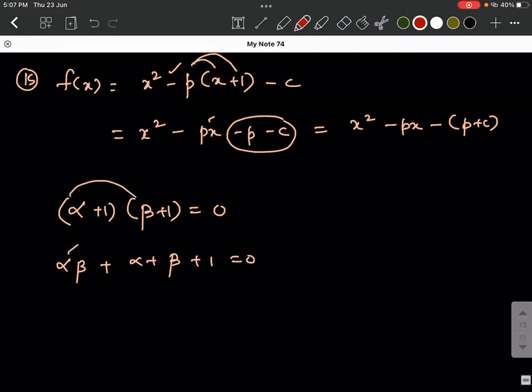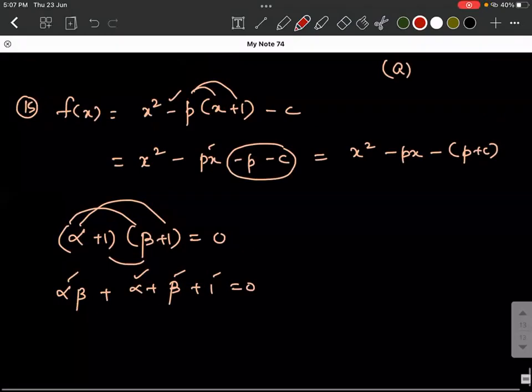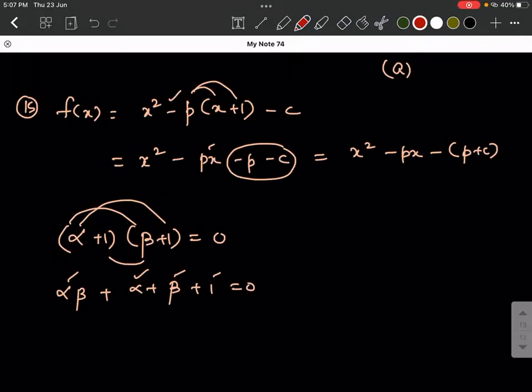Alpha into beta is alpha beta. Alpha into 1 is alpha. 1 into beta is beta. 1 into 1 is 1. I wrote it in the standard form. Why did I say it is not in the standard form? What is the standard form of a second degree polynomial? ax square plus bx plus c. Whereas I don't have x here, I have x plus 1. That is why I told it is not a standard form.